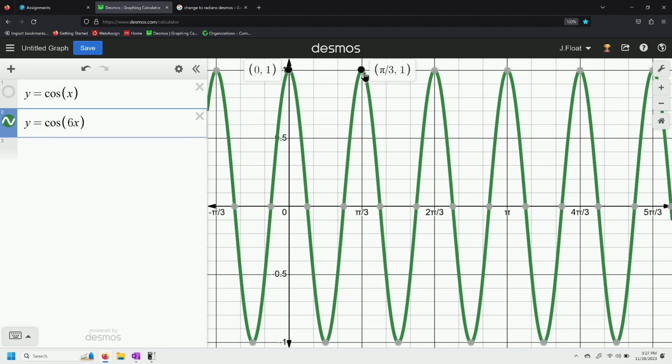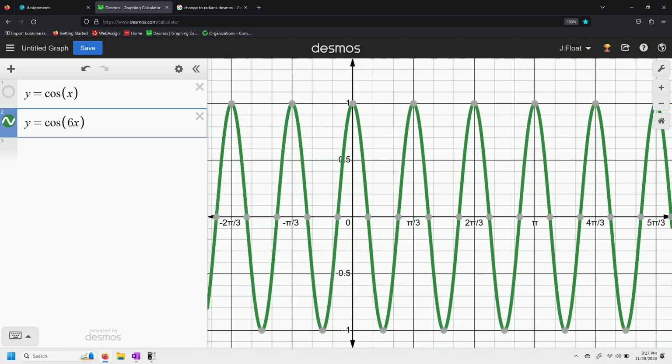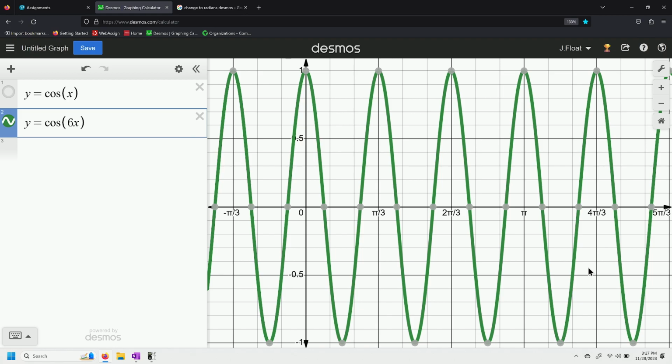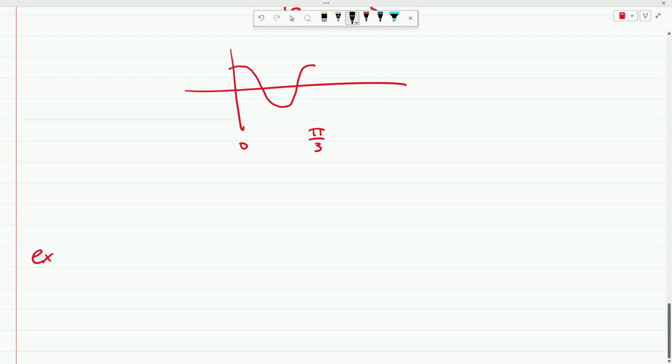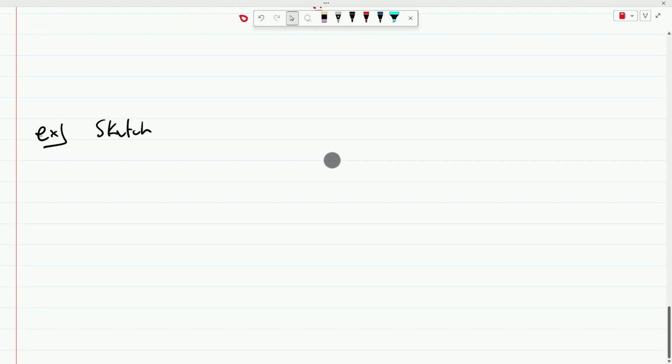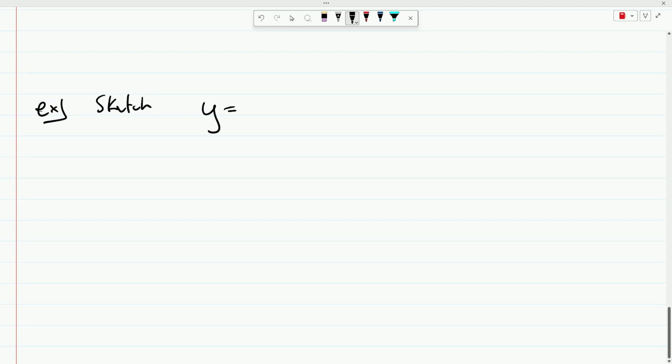All right. So now we can use this to our advantage to quickly sketch any type of graph that we have. So in other words, what I'm really trying to say here is, we can sketch, let's say, y equals 3 sine of 2x.